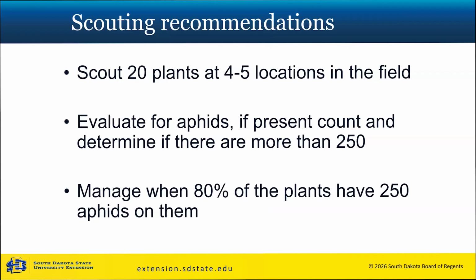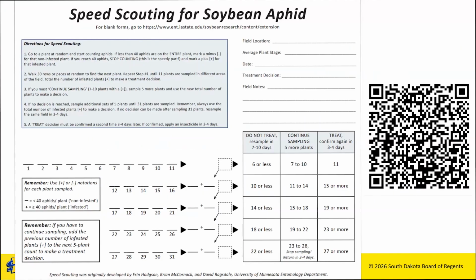However, if you don't want to count that many aphids on that many plants, there is an alternative. So I do have a QR code up on the screen. So take out your phone, open up your camera, point it at that QR code, and a link should appear. Or just take a picture of it now. There is the website towards the top of the screen there as well.